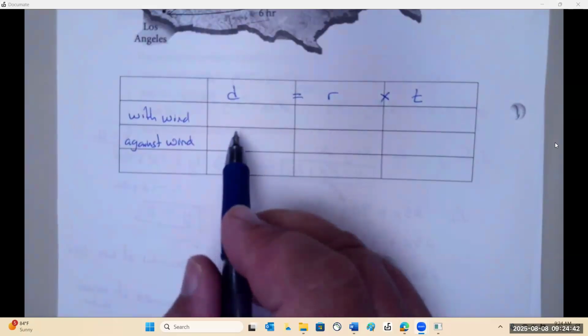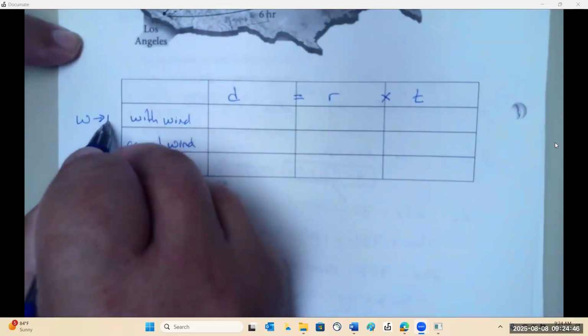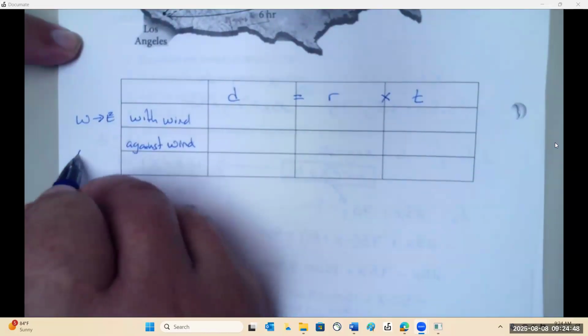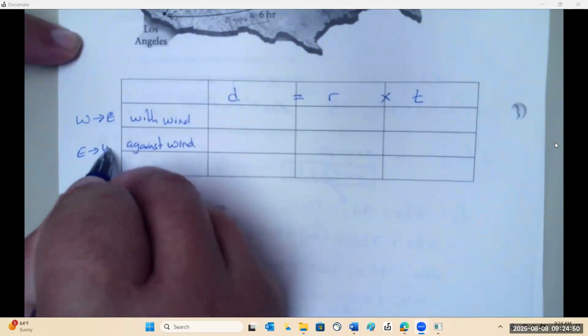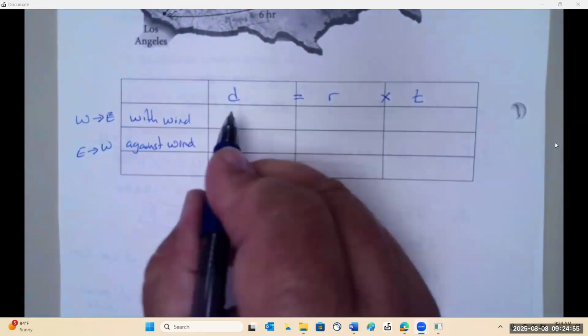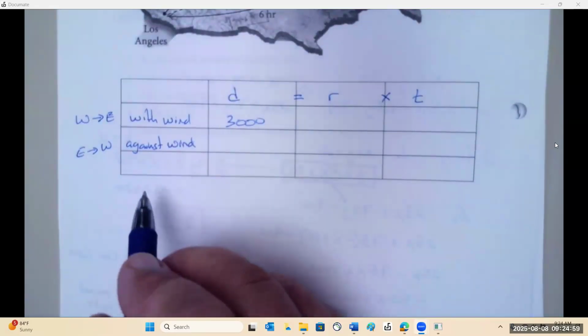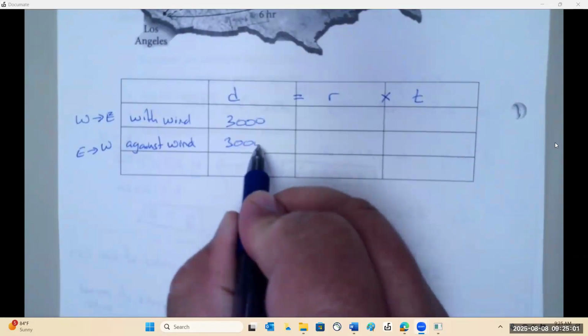So what's the distance? This is going from west to east. This is going from east to west. 3,000 miles. How about the other way? Yeah, it doesn't change any.